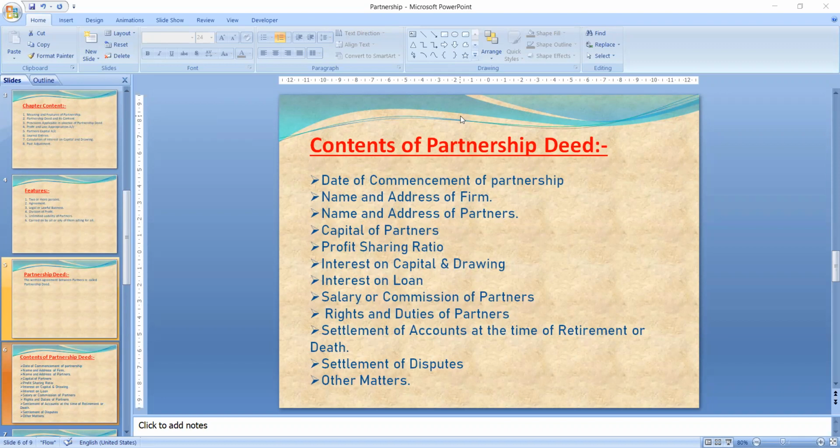Next point is rights and duties of partners, means what should be done by the partners for partnership firm, and what are their rights, means what they get from business as their right.